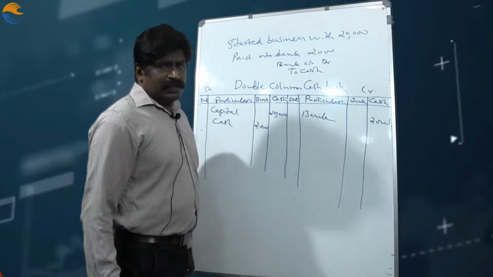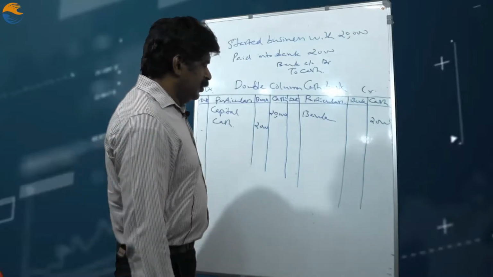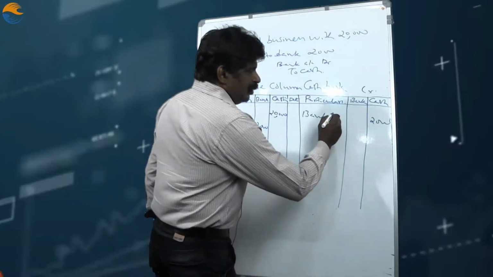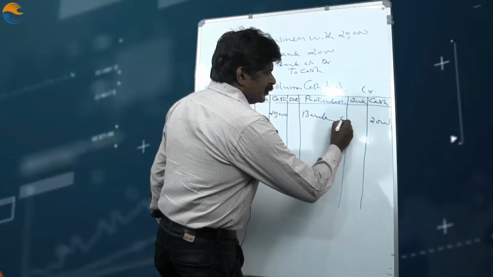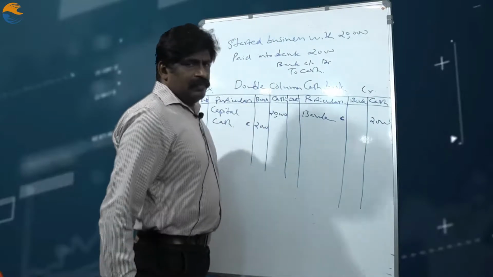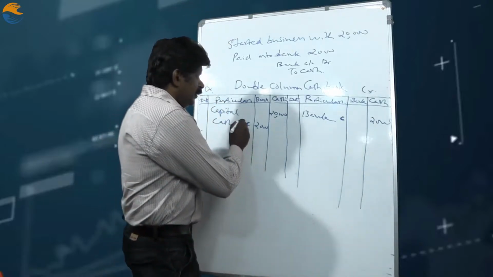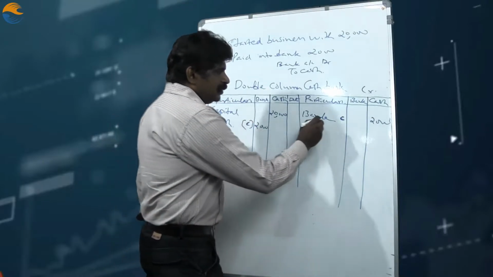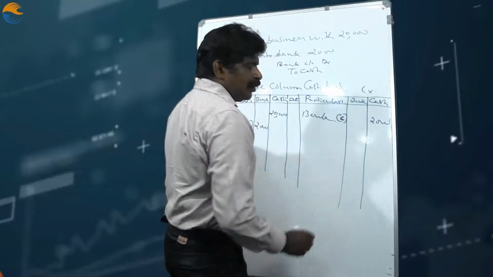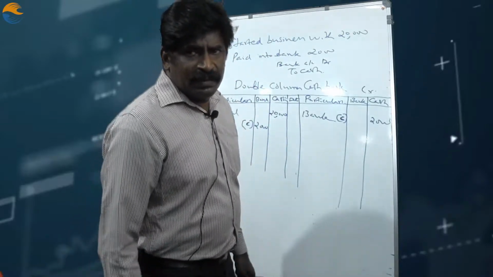As both the aspects were recorded in the same account, it is shown here as C, meaning a contra entry. When the same transaction is recorded on both sides of the account, it will be shown as a contra entry.